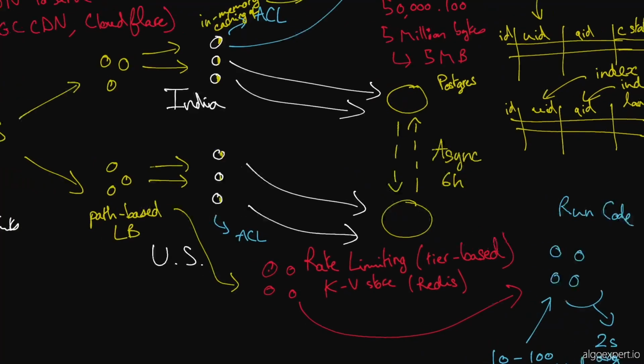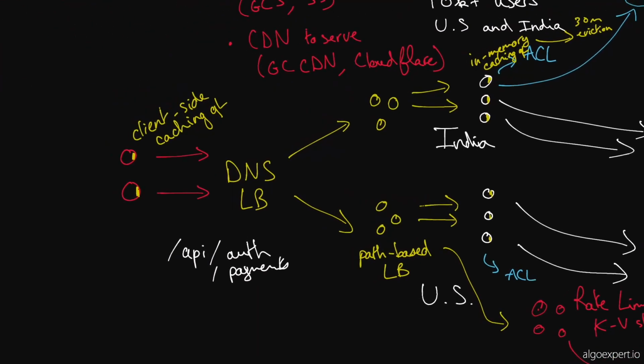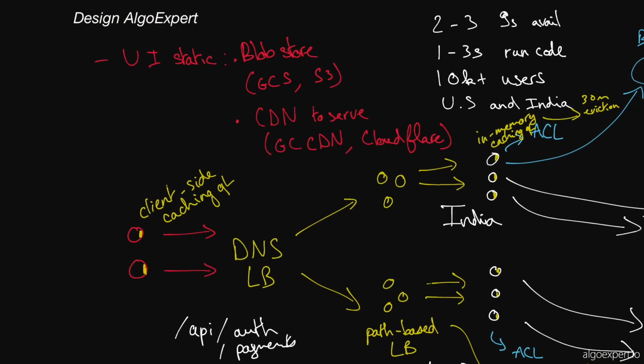If I go back to the beginning here, I think we've covered most of our bases. Just as a bonus, I know we're running out of time, but we would probably want some pretty robust logging and monitoring in place, especially for the code execution engine, to keep track of how many users are running code at a time, and in what language.